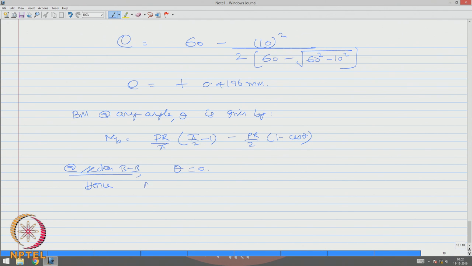Hence, Mb at BB is PR by pi, pi by 2 minus 1, because the second term goes away. Let us substitute P 5000 Newton, R 60, pi by 2 minus 1, which gives me the moment as 54507.04 Newton millimeter.